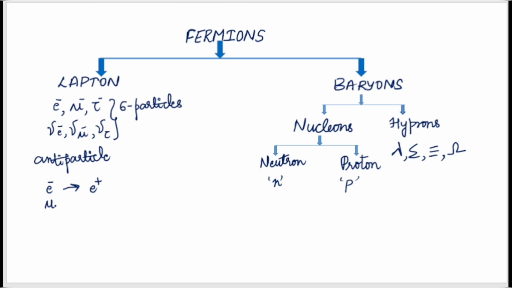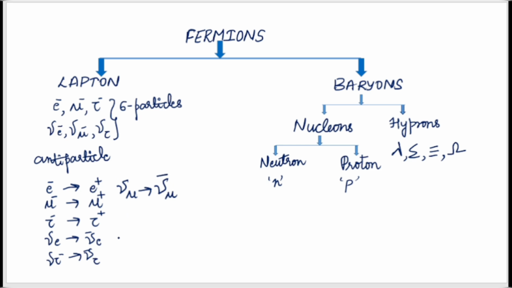Like that, muon negative will be having muon positive as antiparticle. Tau negative will be having tau positive to be the antiparticle. Neutrino of electron will be the antineutrino of electron. Neutrino of tau will be the antineutrino of tau. Neutrino of muon will be the antineutrino of muon, right? Yes, we have six antiparticles.